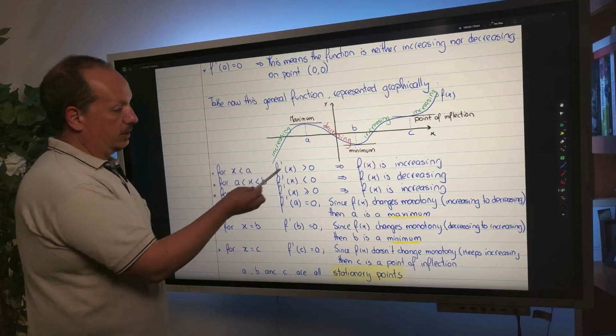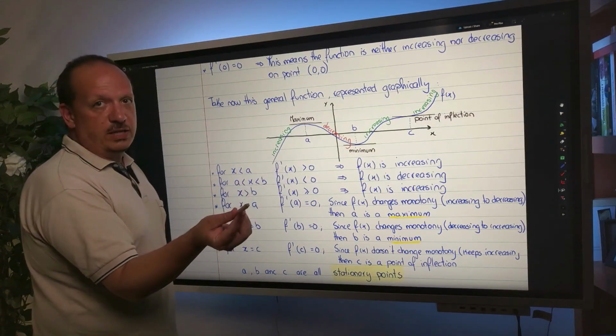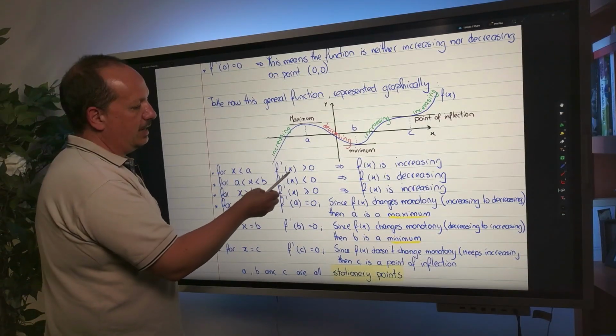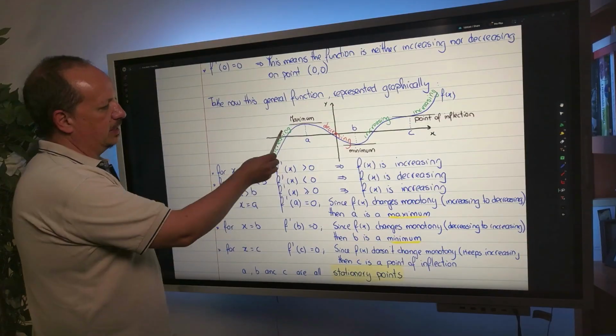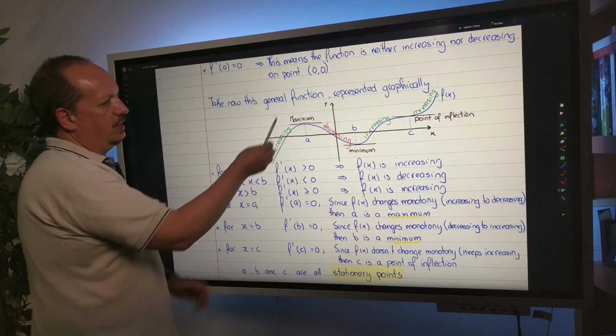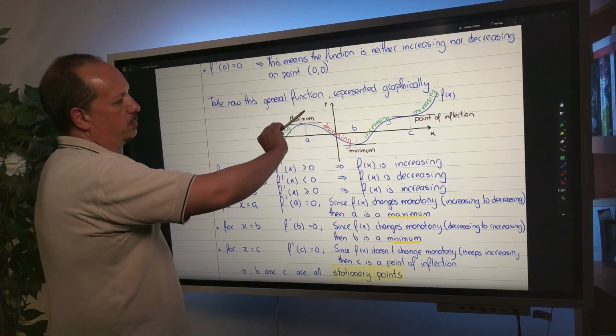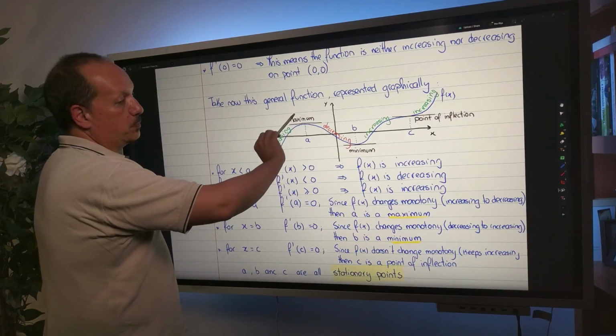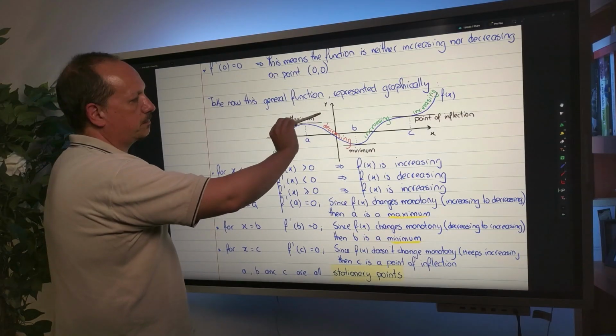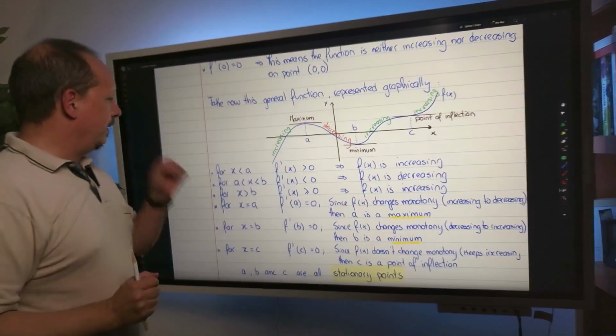You already know what this means. This is the gradient of the function on any point. For any point that is smaller than a, the gradient is positive, as you can see here by the pen. It goes straight up, it's positive, it's getting less positive, but still positive, until this point a.